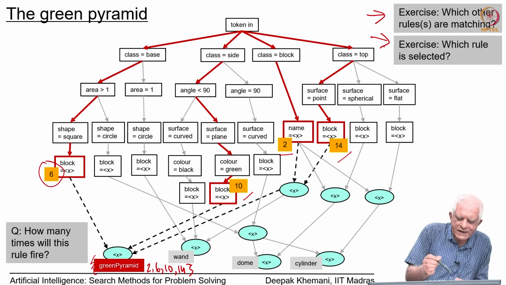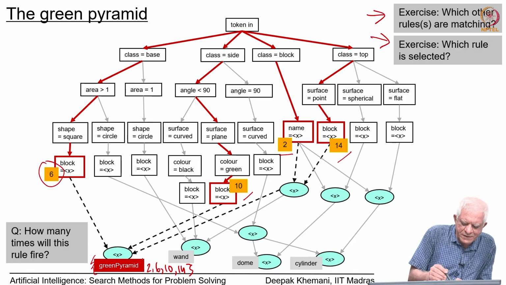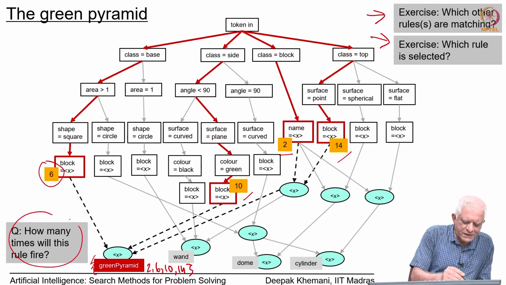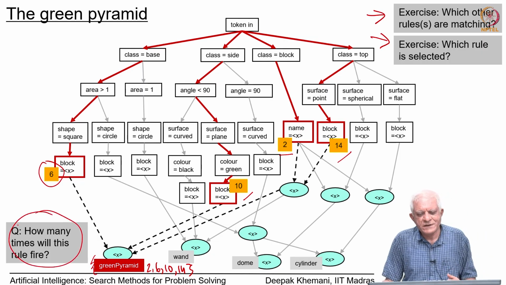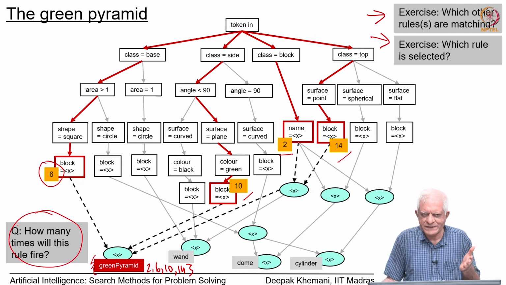Another question I would like to ask you is that supposing this green pyramid rule with this data 2, 6, 10 and 14 is selected, then how many times will this rule fire? Now, if you look at this rule, it simply says that add a new working memory element saying that 2 is a green pyramid. There is no deletion happening. So, this same rule will continue to be matching in the conflict set.